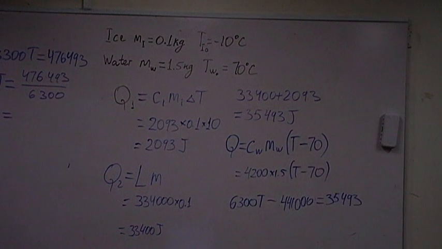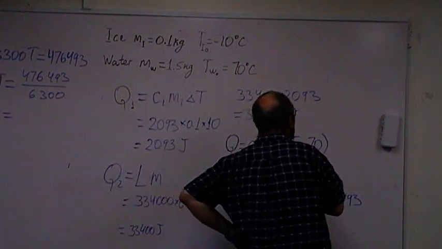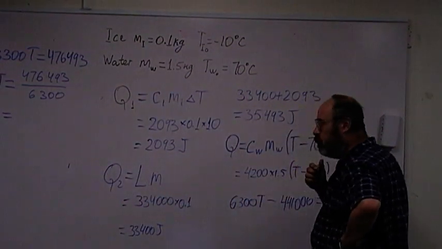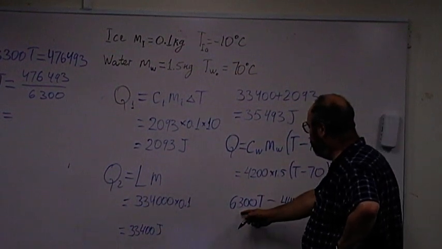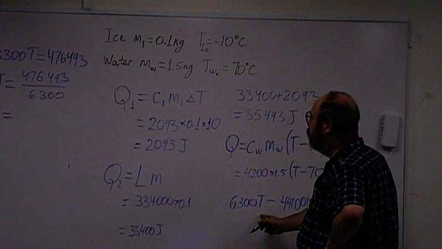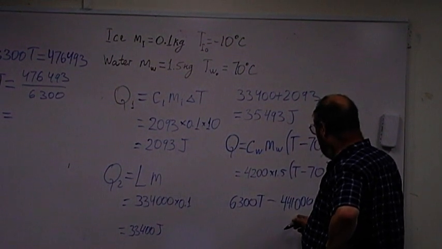Actually, something went wrong. What's that number there? You have 6,300 T minus what? Minus 441,000.